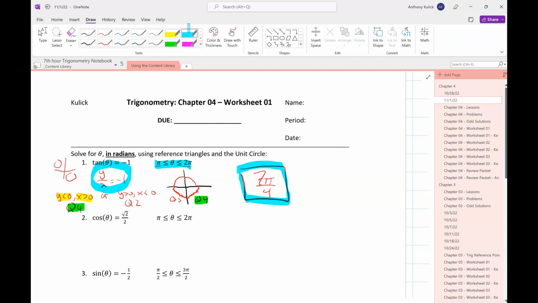Any additional step might be to add or subtract 2 pi to the number you pulled from the unit circle to make sure that it lies in the interval. But 1 3/4 pi is definitely between 1 pi and 2 pi, right? 7 pi over 4 is 1 3/4. That's definitely between 1 and 2. So I know I'm good there.